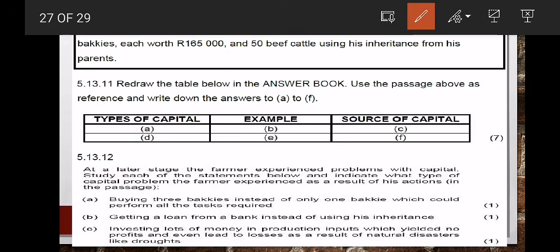Then they continue to say, at a later stage, the farmer experienced problems with capital. Study each of the statements below and indicate the type of capital problem the farmer experienced as a result of his actions in the passage.